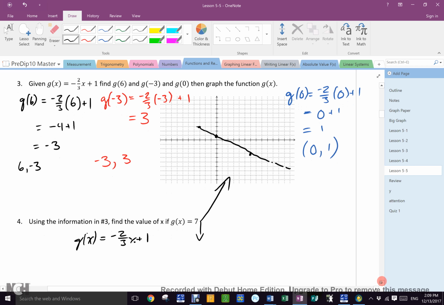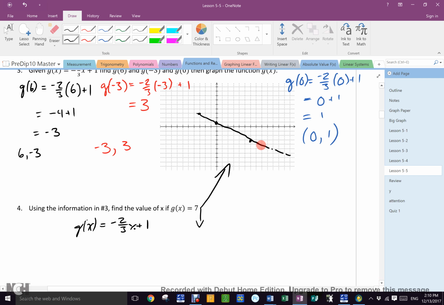How am I going to do it on the graph? Why is my pen not writing lines? Do you think I took my pen off the screen there? No. How are you going to do it on the graph? Talk to your neighbor. You already know everything you need to do this on the graph.